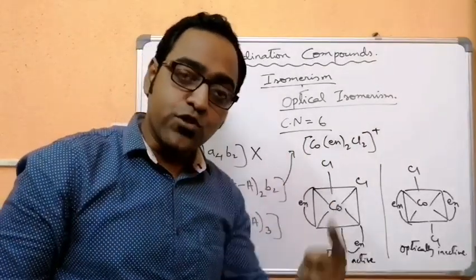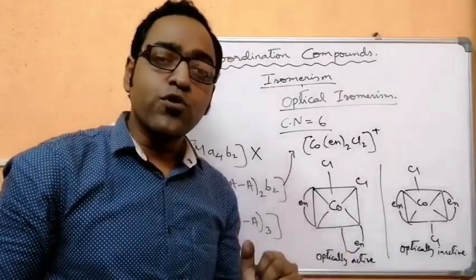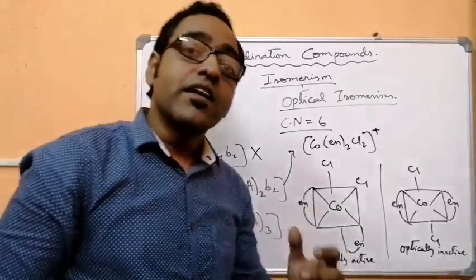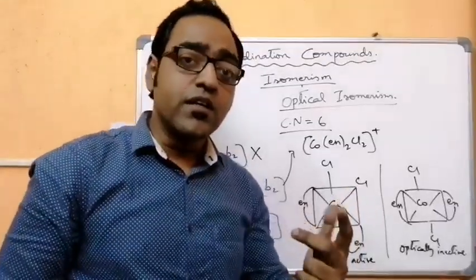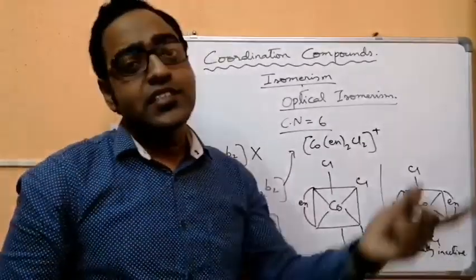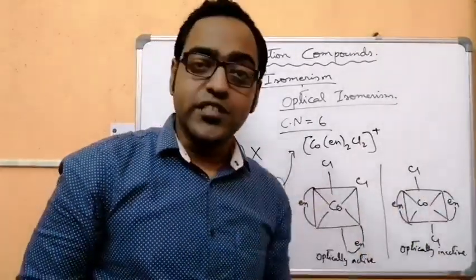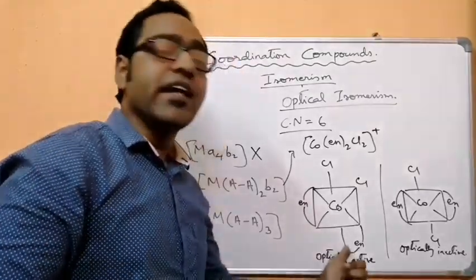Now whenever a molecule is optically active, it can exist in two optical isomers. One is dextrorotatory, another is levorotatory. And this dextro and levorotatory, they are defined as enantiomer. What are enantiomers? They are optical isomers which can rotate the plane of plane polarized light to the same extent but in opposite direction. So we will draw the enantiomer of this optically active compound.